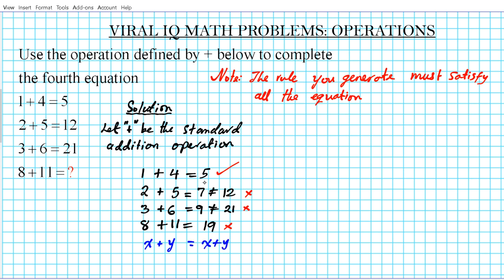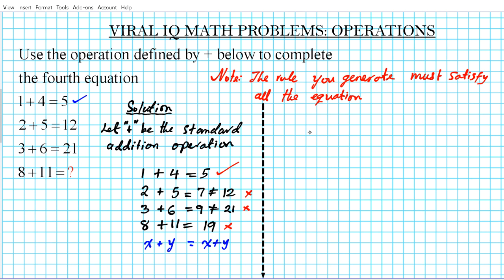It only worked for the first equation, but it failed for these two, so we can automatically assume that it will give us the wrong answer for the fourth equation. All right, so now our task is to develop a rule that satisfies all three equations, the first three equations. Then we will be confident that it will generate the last answer for us.